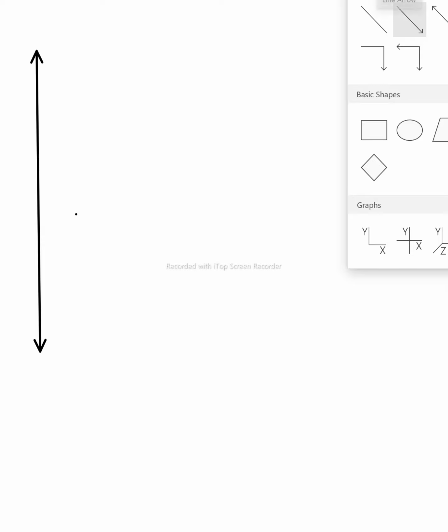What we're going to do is look at photosynthesis and respiration. So we're going to try to draw a graph here, if we can.